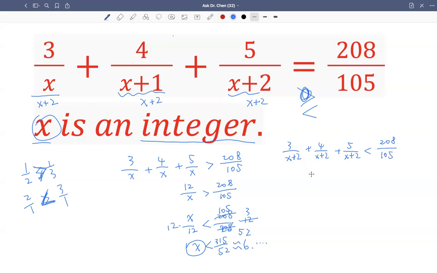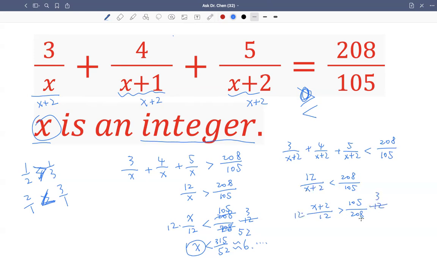So I have 12 over x plus 2 less than 208 over 105. Now I flip the numerator and denominator, and I have to flip the sign as well. Multiply 12 on both sides.